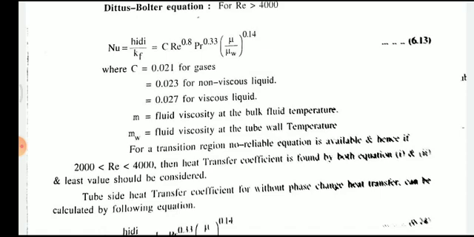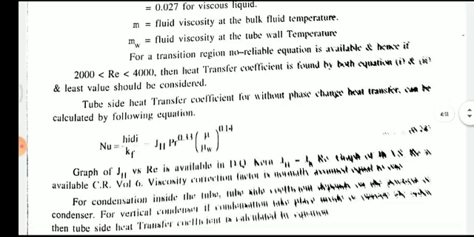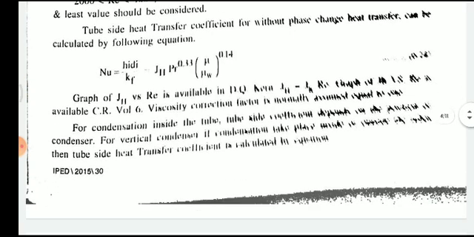So the heat transfer coefficient is found by both equation 1 and 2. Okay, so the tube side heat transfer coefficient without phase change can be calculated by the following equation: hi di upon kf into j_H, and the Reynolds number and Prandtl number raised to 0.33, mu by mu w raised to 0.14.